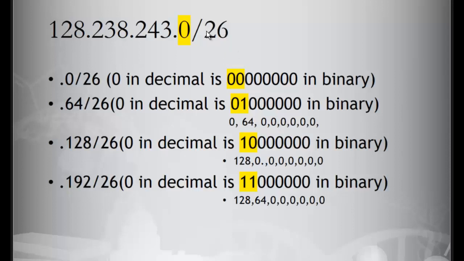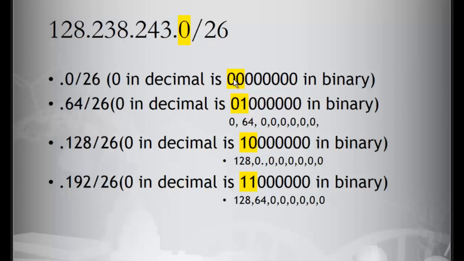Within this 26 bits, the first 3 bytes are a total of 24 bits, and then we add 2 bits more, so the total is going to be 26. These 2 bits are used as the internal subnet.